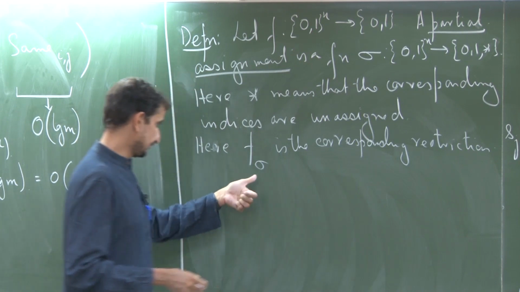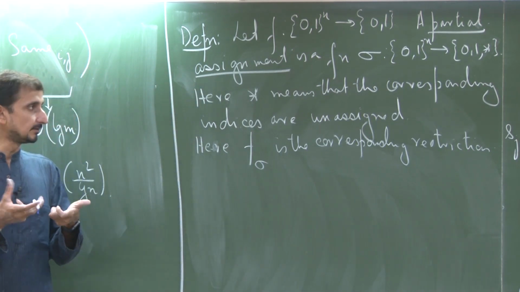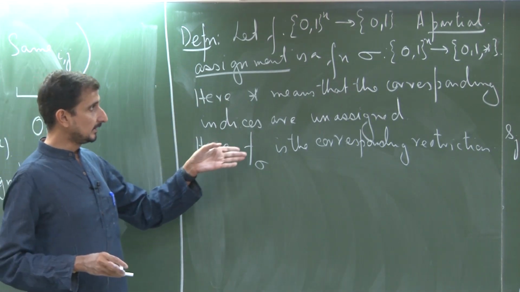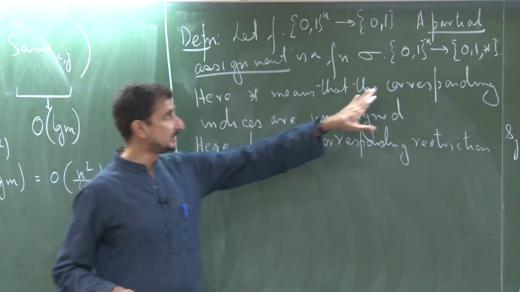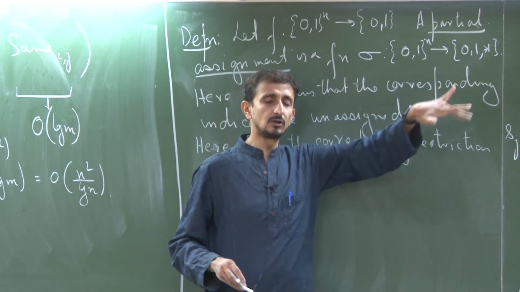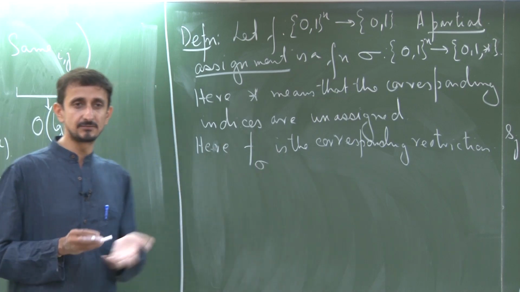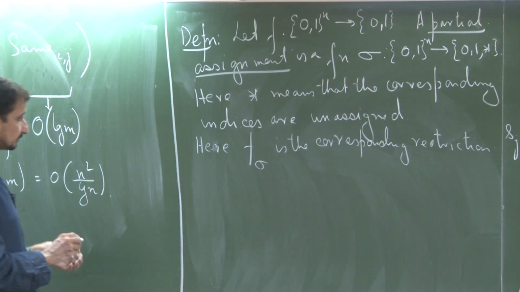So f restricted to sigma is a function on the variable set which is going to star, because all the other variables are taking a fixed value, either 0 or 1.